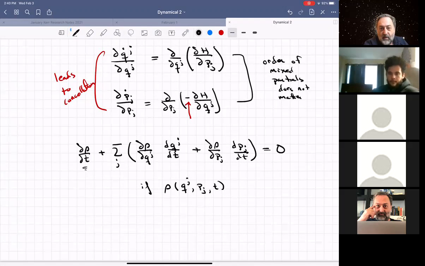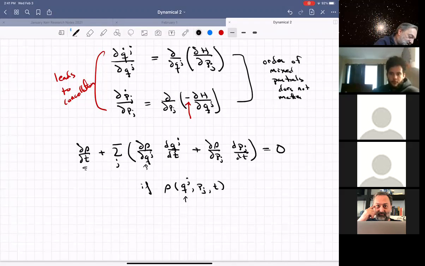If this q depends on time, I'd have to take the derivative of rho with respect to q and then take dq dt. And then when I wanted to hit the time through the momentum, I'd have to take the derivative of rho with respect to the momentum and then multiply by dp dt.